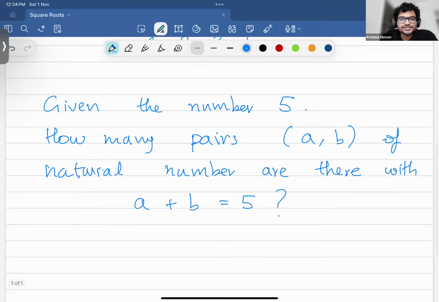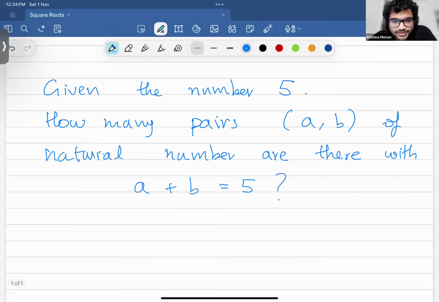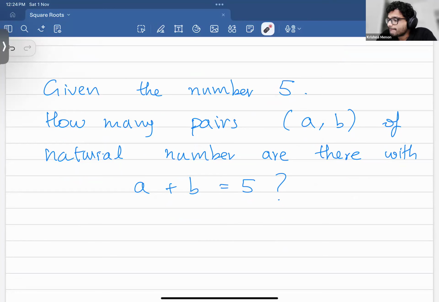Okay. So this is the sort of problem that we will be looking at. I'll give you a number, and we're just looking at a specific example first. Here the specific number that we have is 5, and the question is to figure out how many pairs of natural numbers there are whose sum is 5.